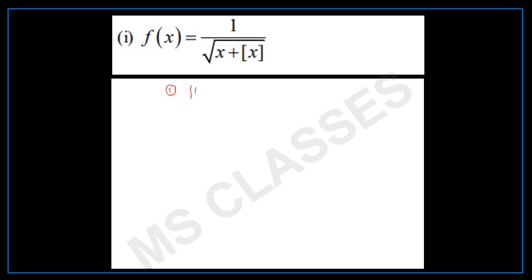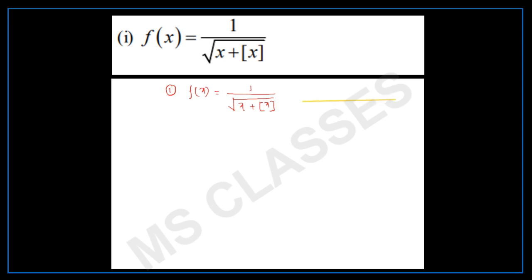f(x) equals 1 by under root of x plus [x], with [x] the box bracket, the greatest integer function. Now we will understand the meaning of this x plus [x]. We know what the box gives us: the greatest integer which we come across while plotting the number on the number line from left to right.